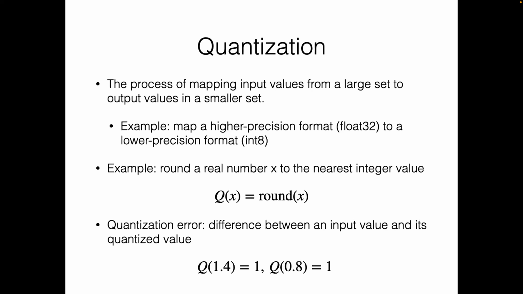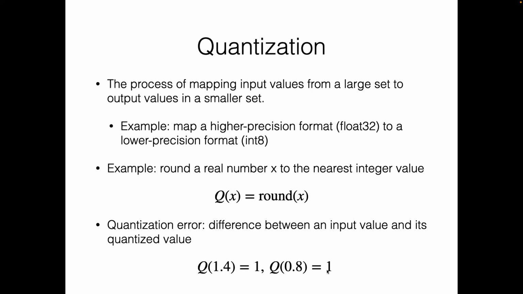Now, the question is, how much error do you incur with a given quantization method? Error would be the difference between the input value and its quantized value. So for instance, if we take 1.4 and use rounding, then the error would be 0.4.